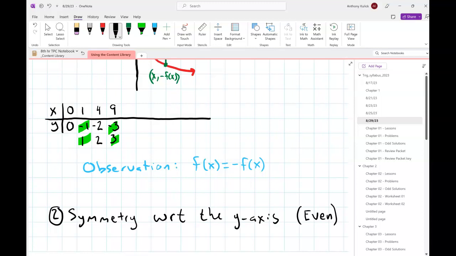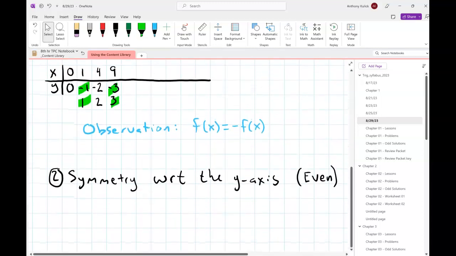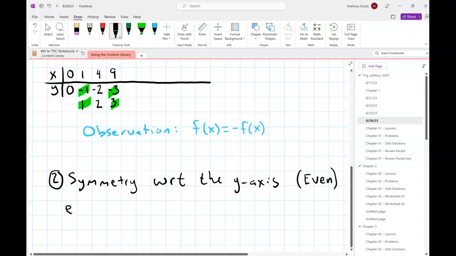Now, why not just start with even? Well, it's because we started with the more descriptive term, and then once we're clear as to how this would work in context, we come up with the shortcut, the nickname, right? All right, we'll do the same thing.